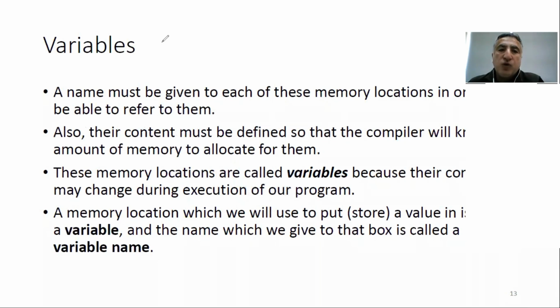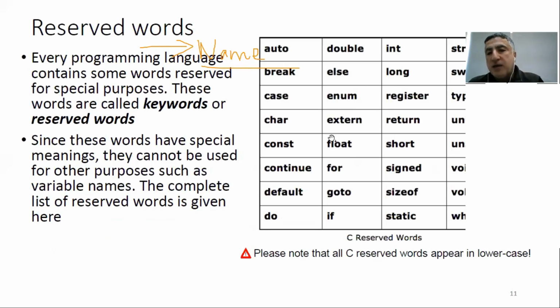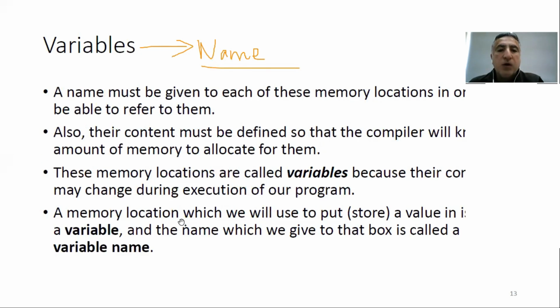Any variable will have some name, and for these names you cannot use any name like these reserved words or keywords, because these are reserved for the compiler. I will explain how to name a variable later.